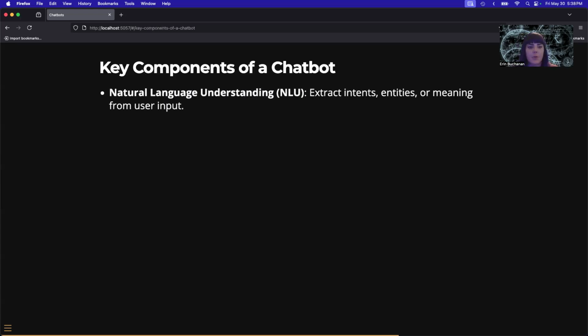So let's look at those key components, right? So just kind of summing up all this stuff. There's this natural language understanding bit, and that's where we're grabbing the meaning. So kind of a text summarization or topic modeling approach, the entities that are necessary for the response, from those user inputs. And that might be done in a variety of ways. It might be a fixed response.